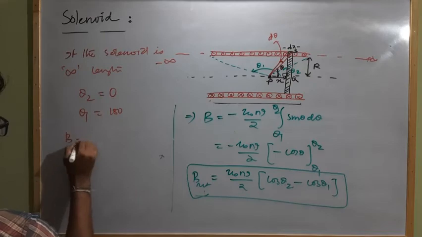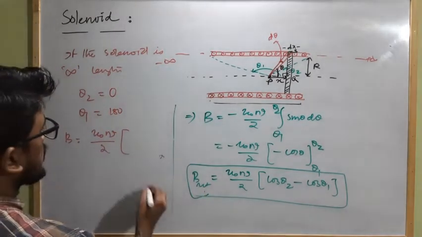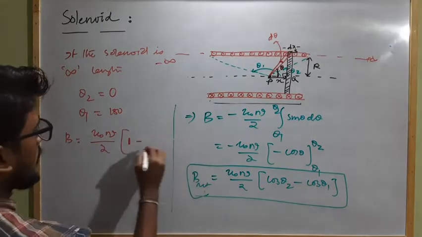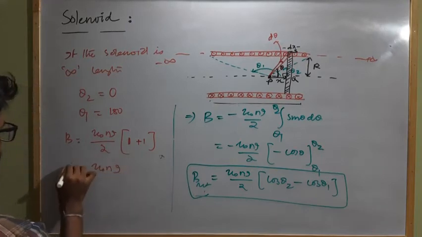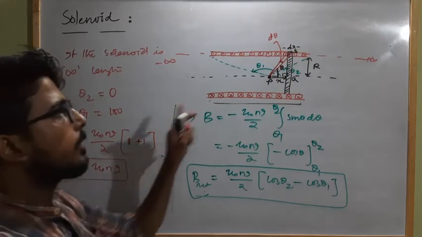So B will be mu naught ni by 2 times cos 0 minus cos 180, that is 1 plus 1. So this will become mu naught ni. This is the expression for the magnetic field strength within a solenoid of infinite length.